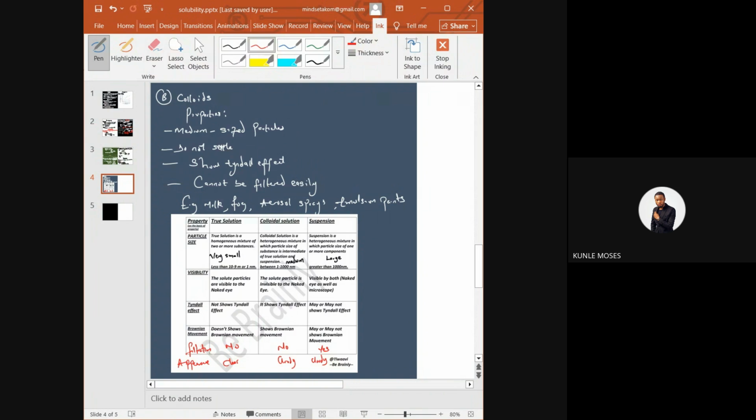Which other ones? I think that's all. So I think we are done. And in case they ask you, crystals form on cooling for the supersaturated solution.